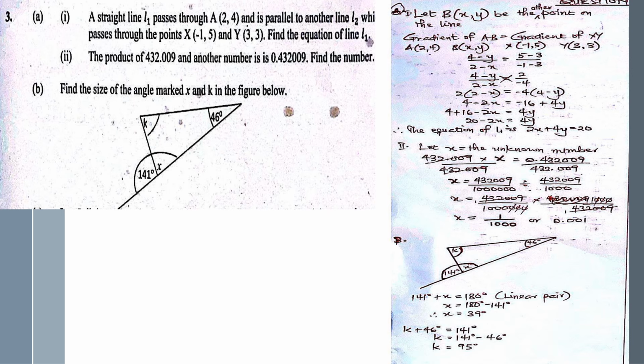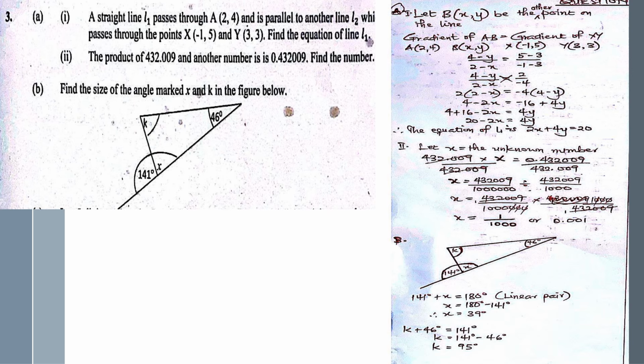So the gradient of AB is equal to the gradient of XY. Because in this case, there are 2 lines, that is L1 and then L2. So we express the gradient of line AB as being compared or linked to the gradient of XY. So we have points A and B and we have points X and Y. So expressing their gradients will be 4 minus y over 2 minus x equals 5 minus 3 over -1 minus 3.